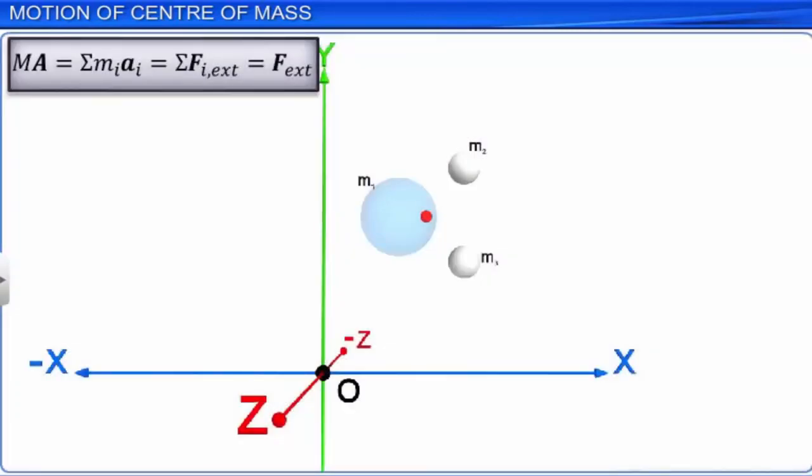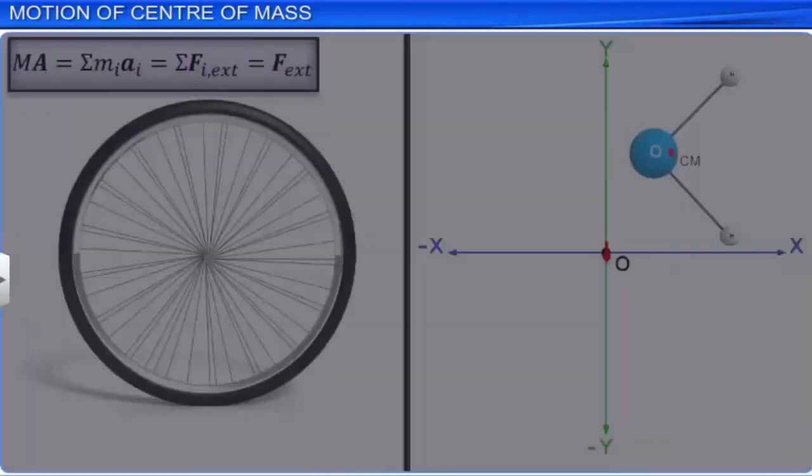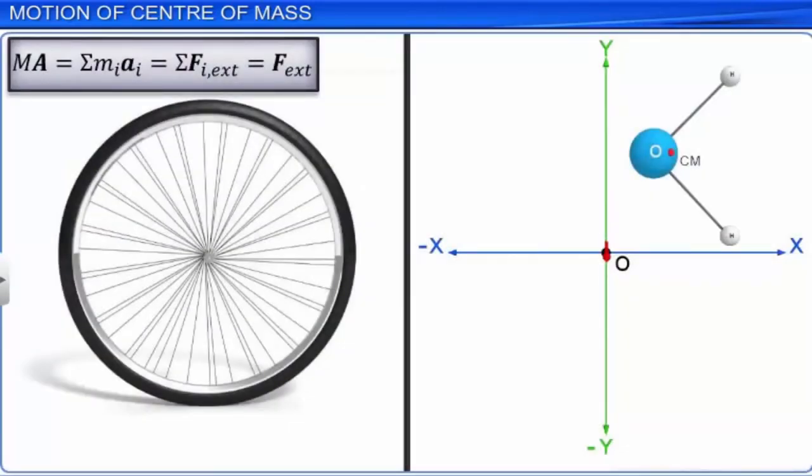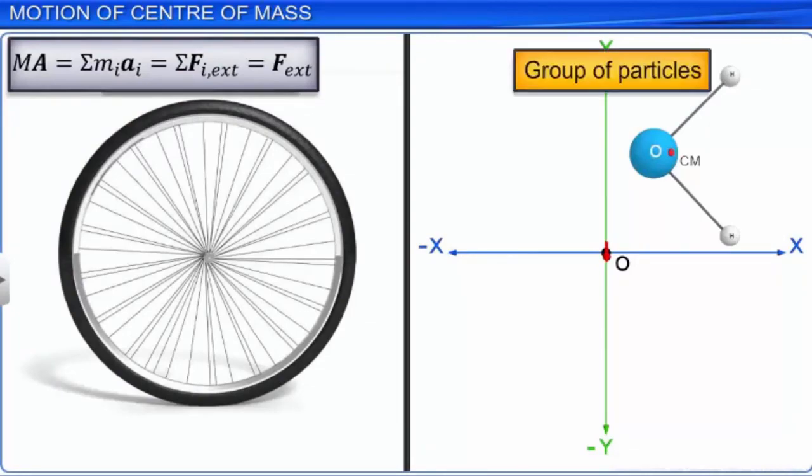Two, the center of mass moves as if the whole mass of the system is concentrated at it and the external force is acting on it. Three, these conclusions are true for any system, a rigid body or a group of particles.